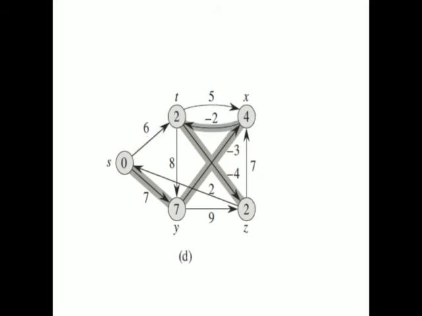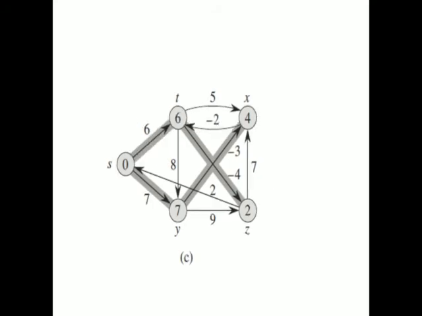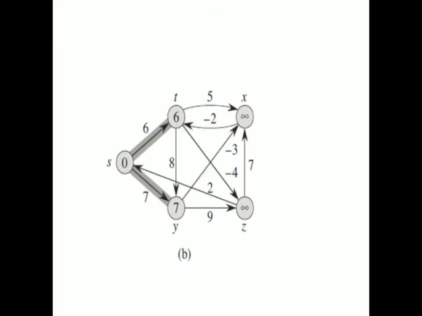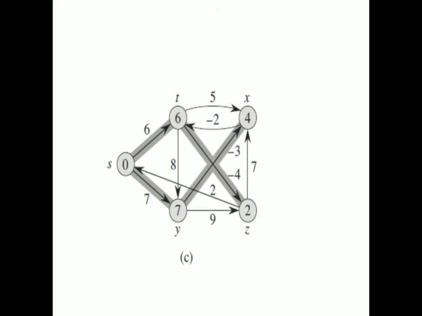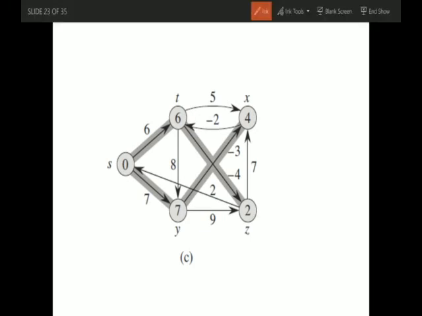Now in the next iteration, since you can see at t we have estimate 6 from source. However, if we come from x, we change our path from x. If we go to t through x, then what will the path length be?